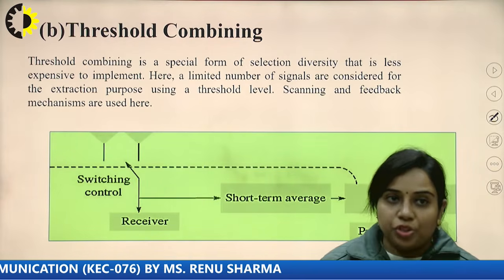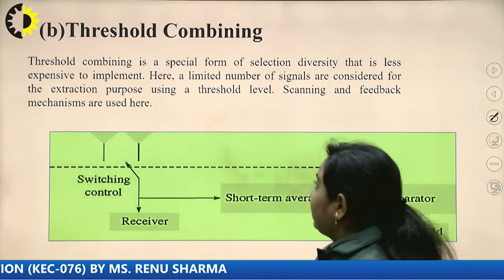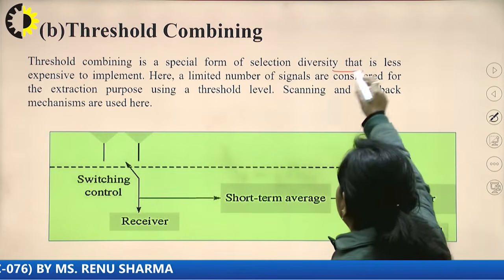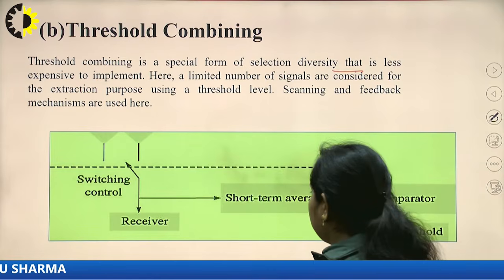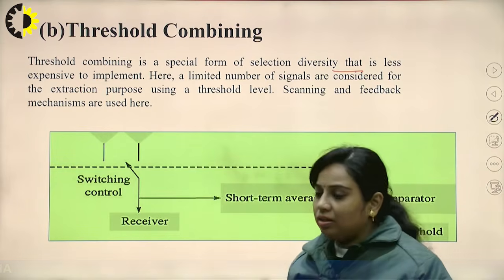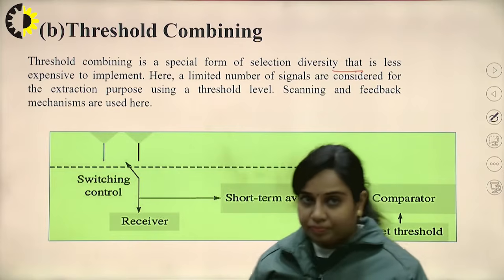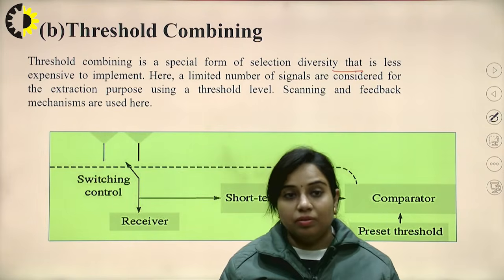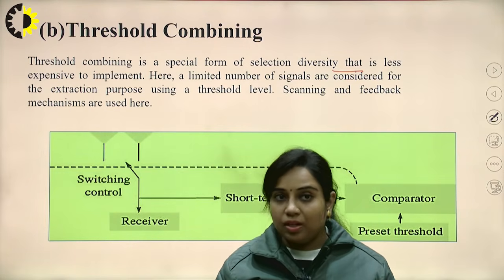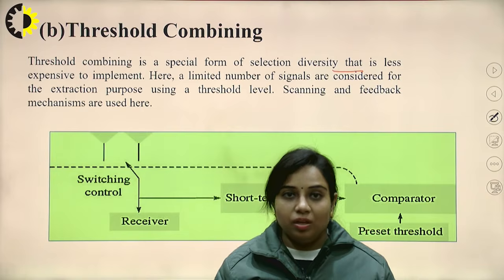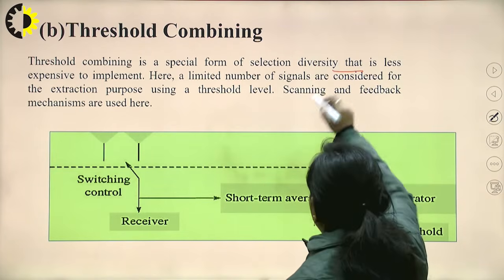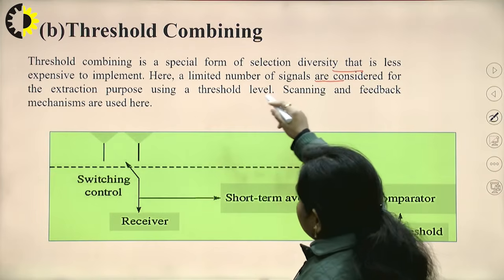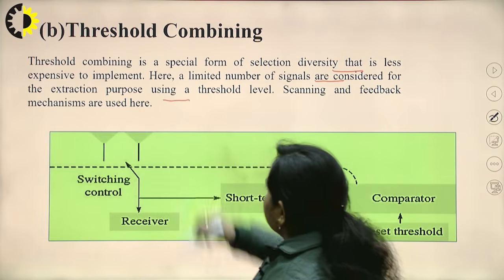Next one is the threshold combining. Threshold combining is a special form of selection diversity that is less expensive to implement. Basically, very high cost equipment is not required. It is cost effective. Here a limited number of signals are considered for extraction using a threshold level.